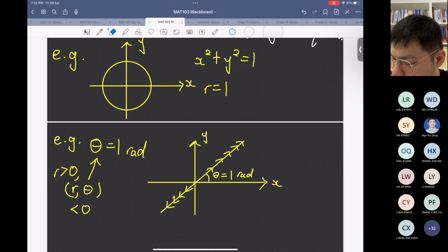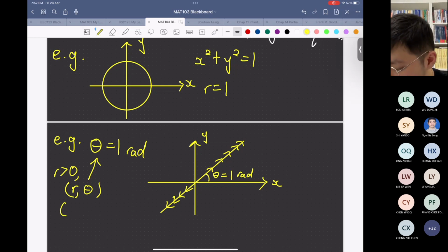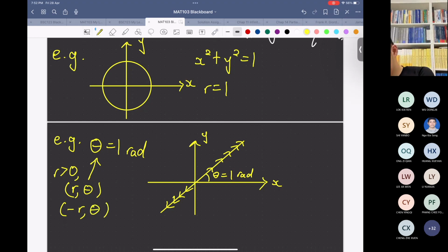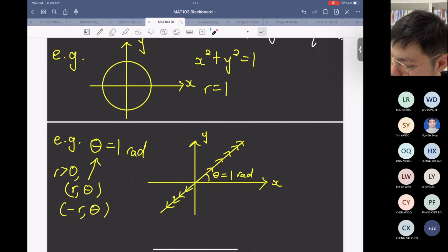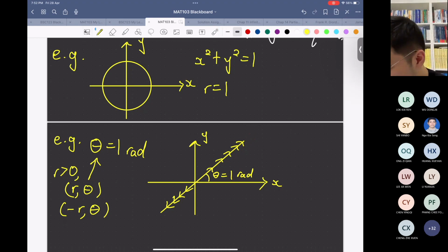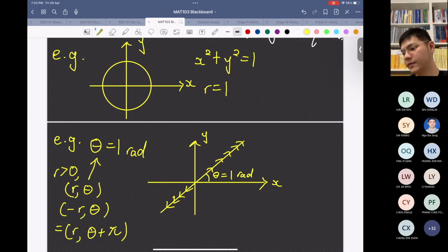If you want to consider negative radius, then minus r, theta is equal to r, theta plus pi.